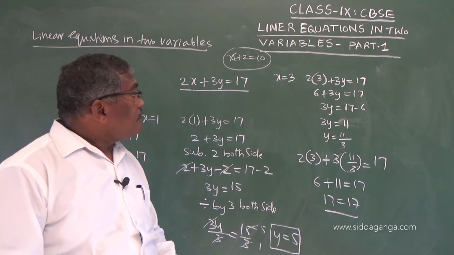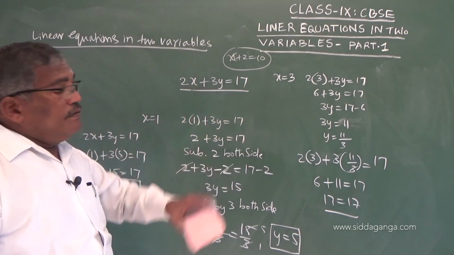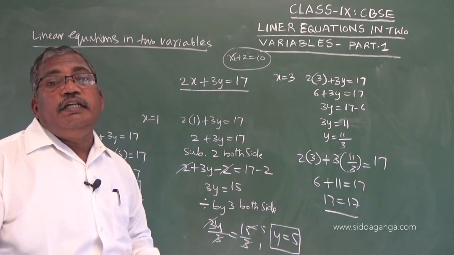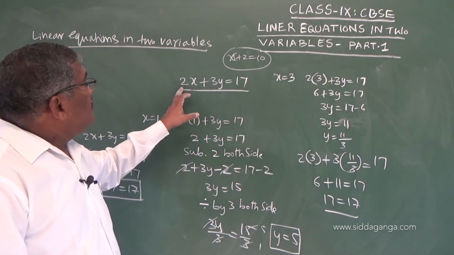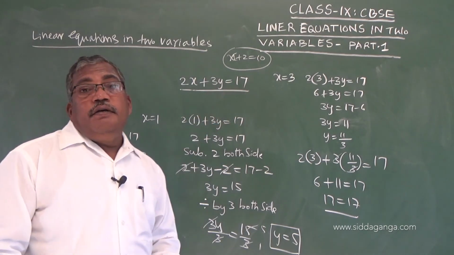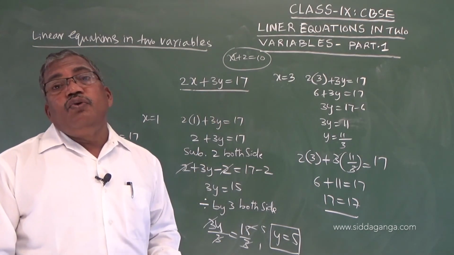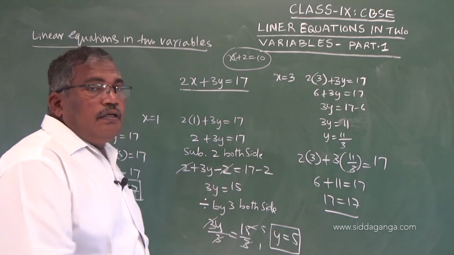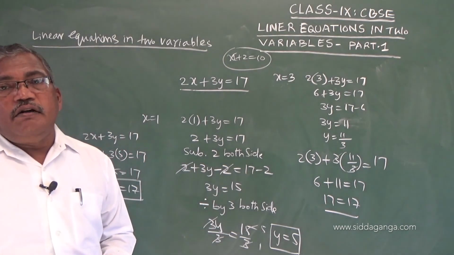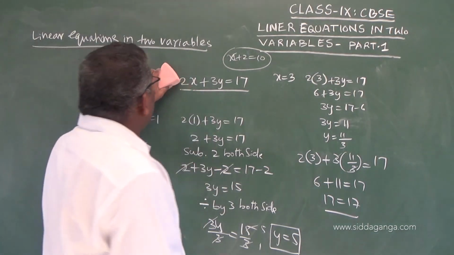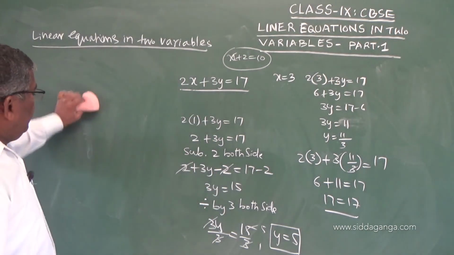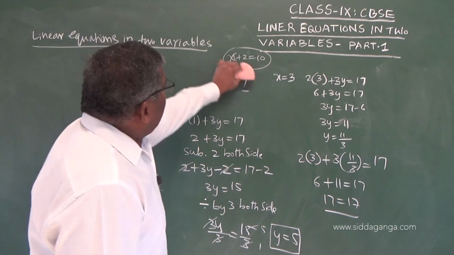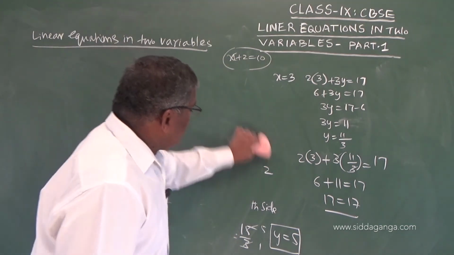And the graph of such an equation with two variables will be a straight line. That we will understand by drawing a graph in the next step. So these are the basic things you have to remember and understand.